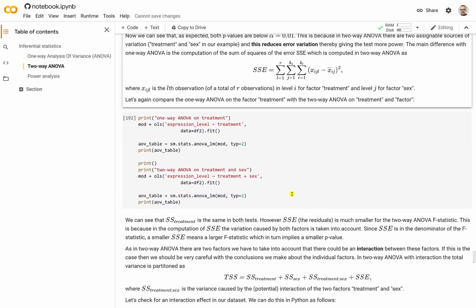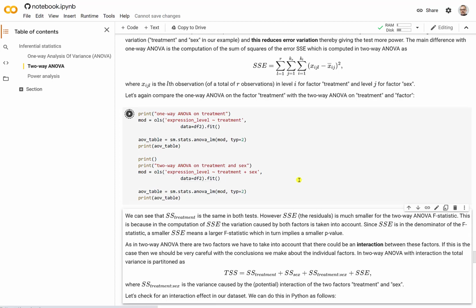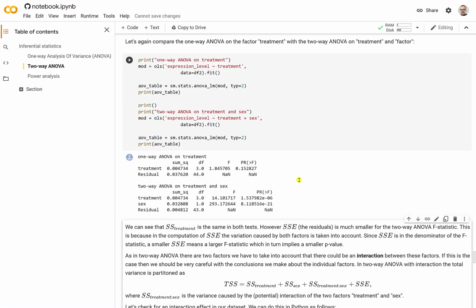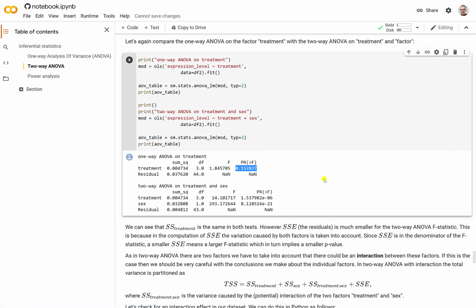And so if we compare them again, right, so this will be the one-way ANOVA on the treatment, where we got this p-value that was much larger than the significance level. Okay, and when we added the factor sex, I took that into account, then we had this much smaller p-value, which is definitely much lower than the significance level.